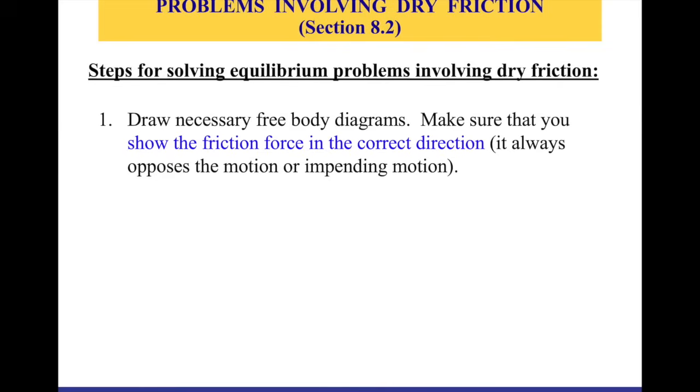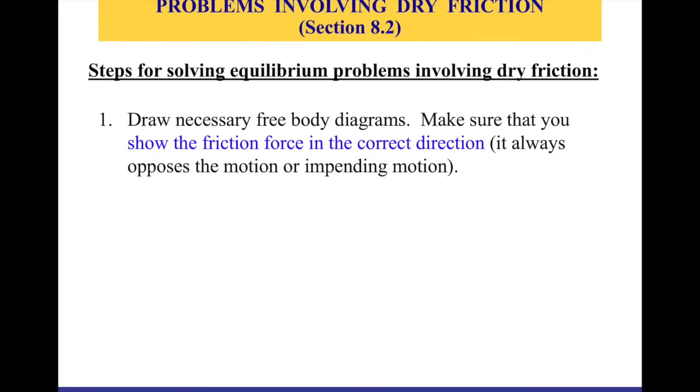Step one would be drawing the necessary free body diagram, which is a practice that we should be familiar with by now. The free body diagram is very important, and as we mentioned in the previous video, the friction force is going to be equal and opposite in direction to P, which is the pulling or the active force.